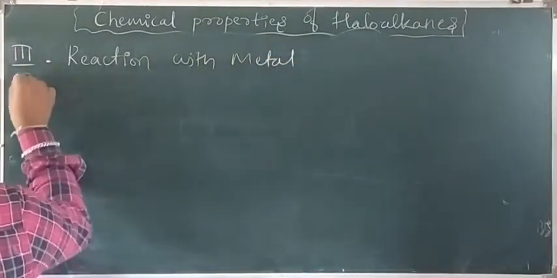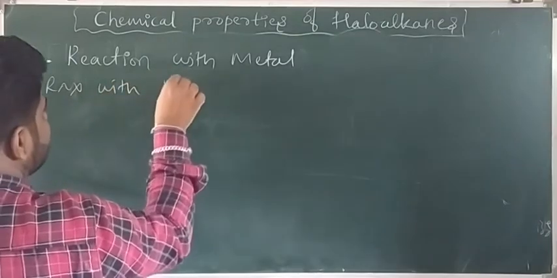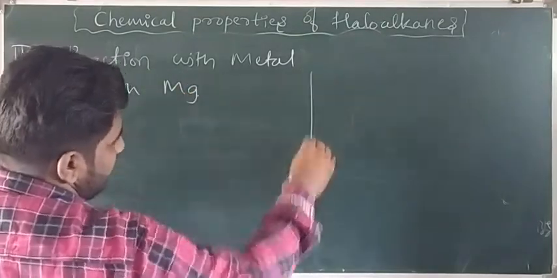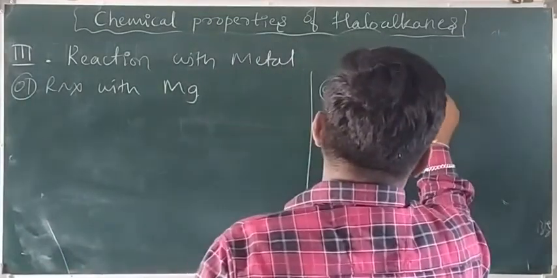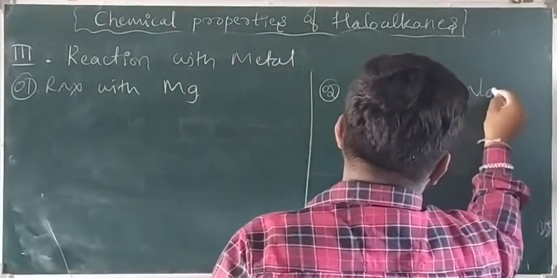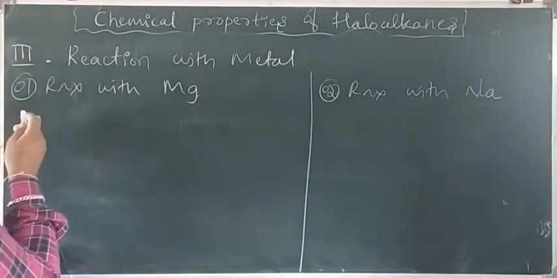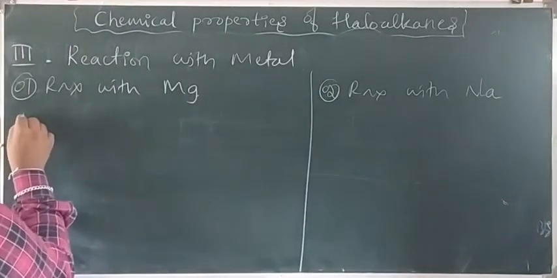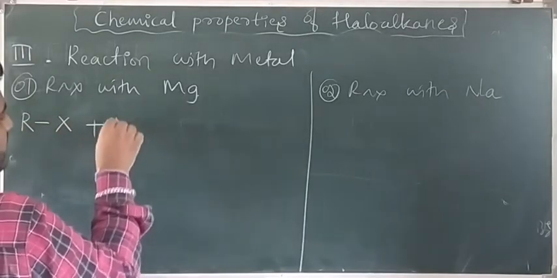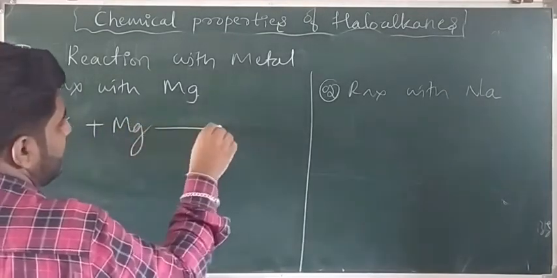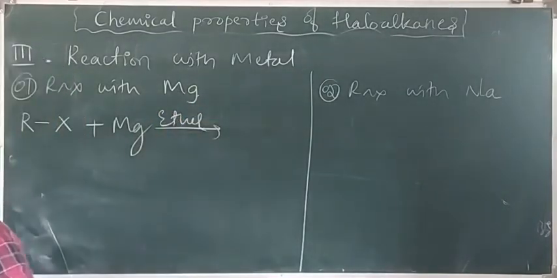First one in that, reaction with magnesium. Second one, reaction with sodium. First, when the haloalkane reacts with magnesium metal in dry ether medium, a medium is required here, dry ether.